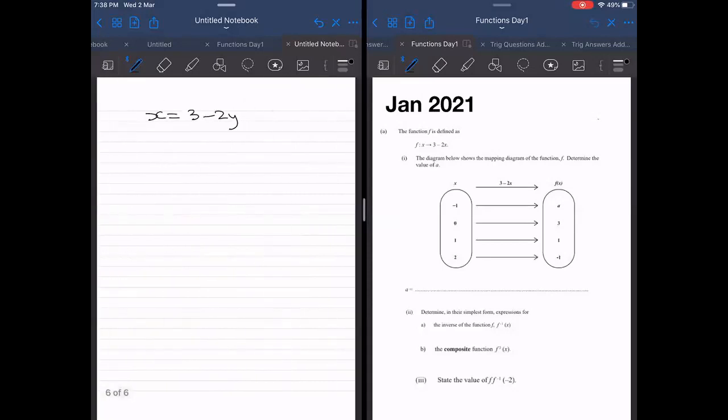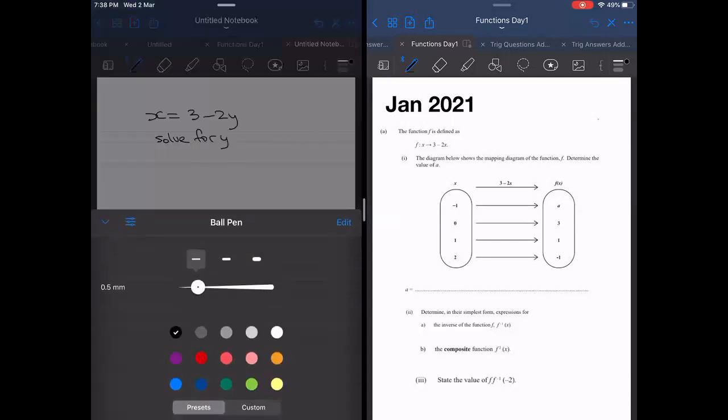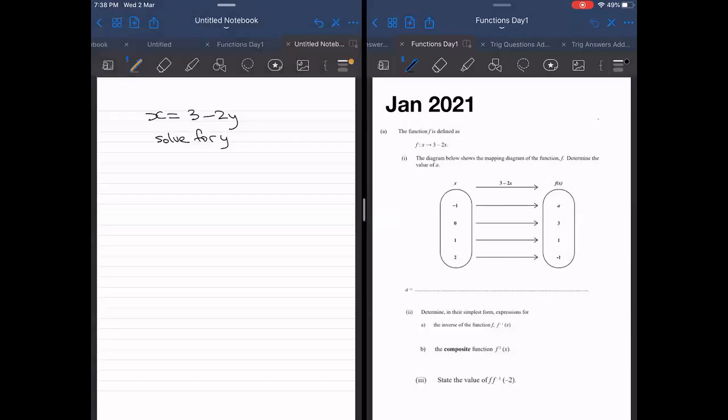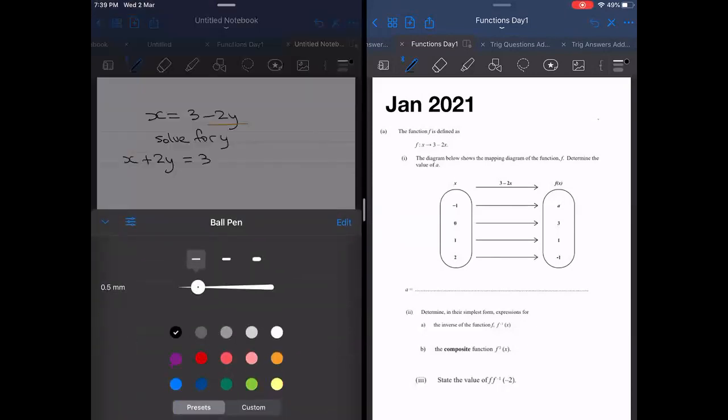So to solve this, remember we're solving for y. If what I'm solving for is negative, it's just a personal preference, I like to make it positive. So since it is minus, it's being subtracted on the right-hand side. If I take it over to the other side, I do the opposite.